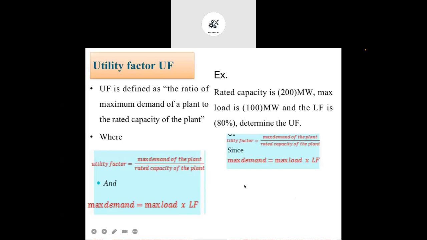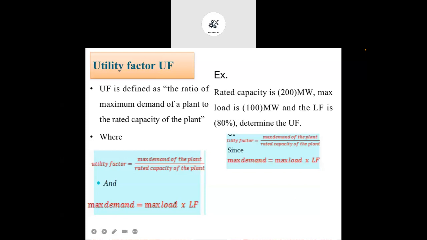Similarly, the next factor is the utility factor. As the name indicates, we can define the utility factor as the ratio of maximum demand of the plant to the rated capacity of the plant. So we take the ratio of maximum demand divided by the rated capacity of the power plant. This maximum demand depends upon how much power is required by the consumer.